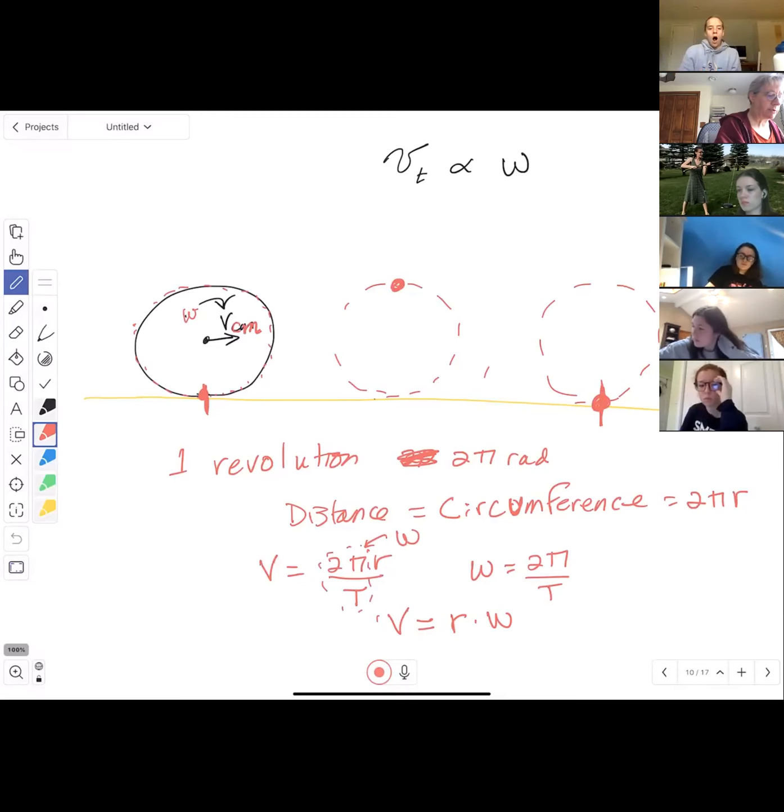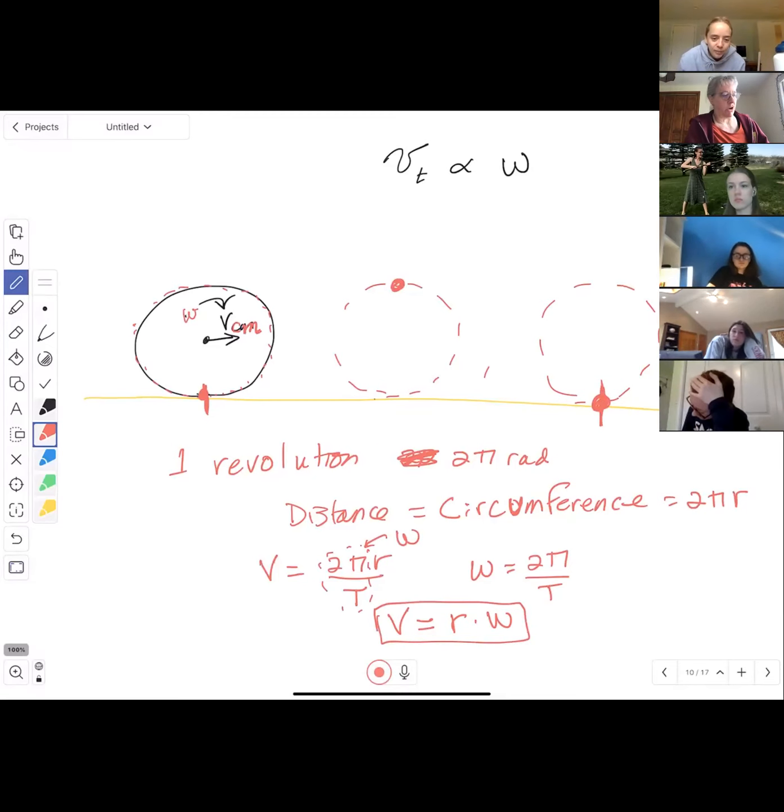So your intuition saying they've got to be related, and we used v equals r times omega before, actually works here for rolling as well. So that is actually very, very helpful.